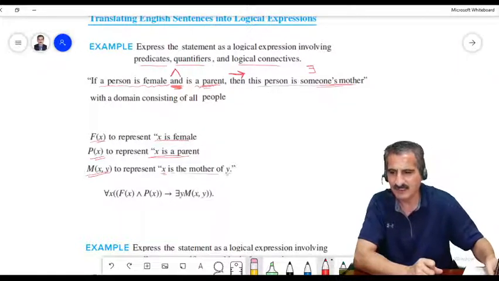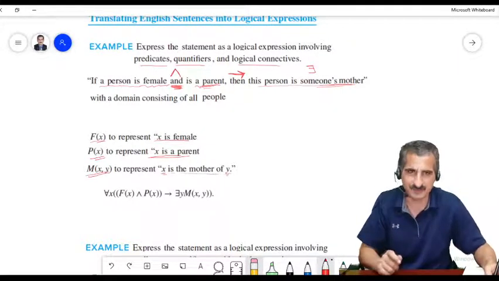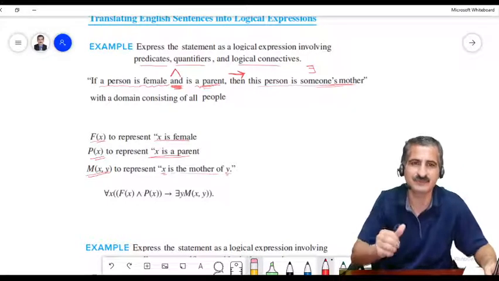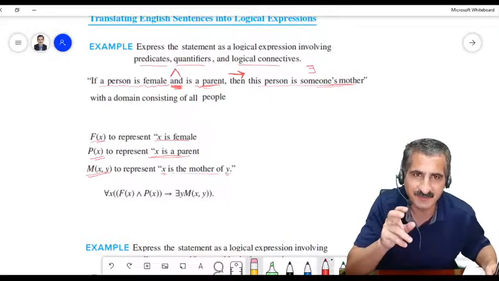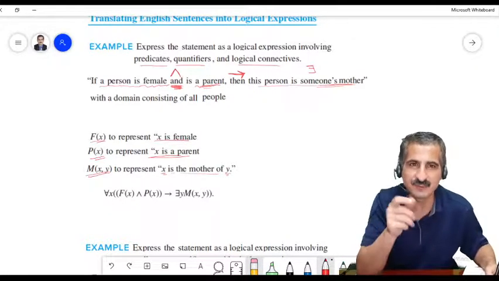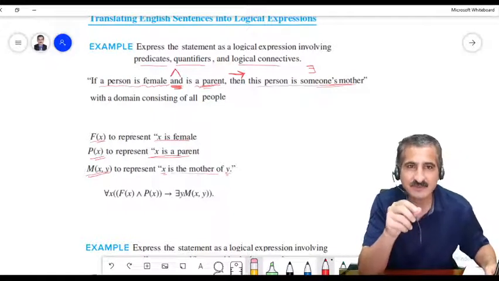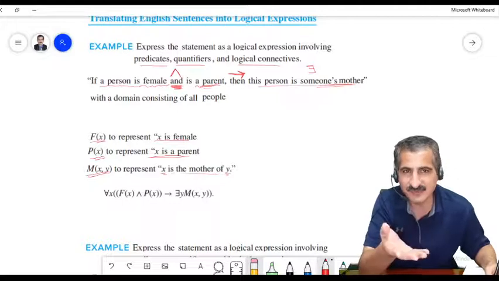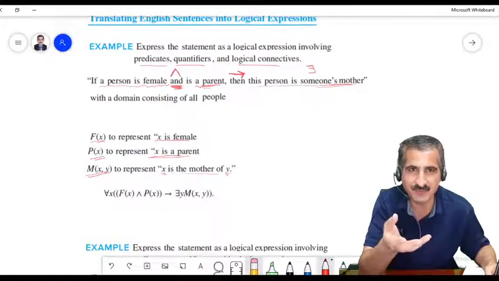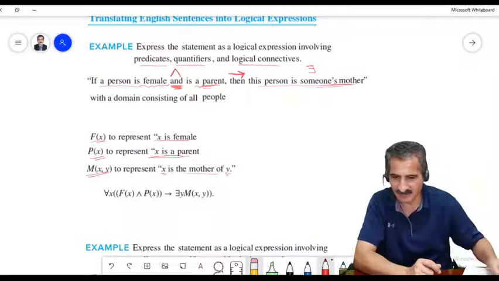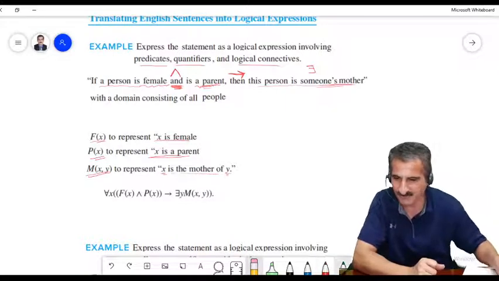So we will say for every person who is a female and a parent, there exists y such that that person is the mother of that y. There exists a boy such that that person is the mother of that boy, say for example.